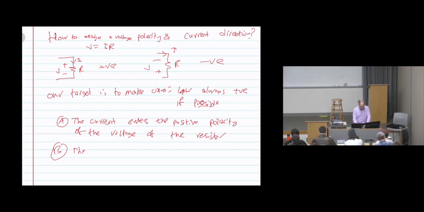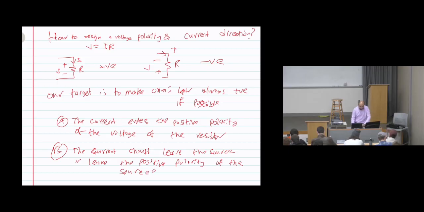The current should leave the source, should leave the positive polarity of the source. So you will see the source and the resistor are the opposites of each other.